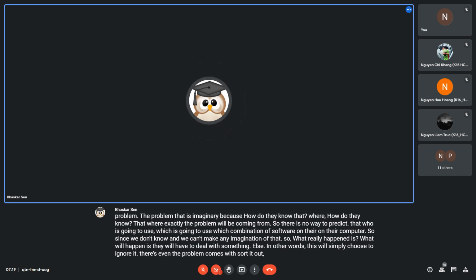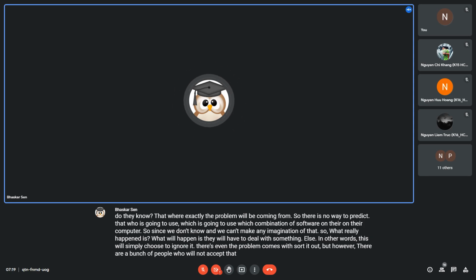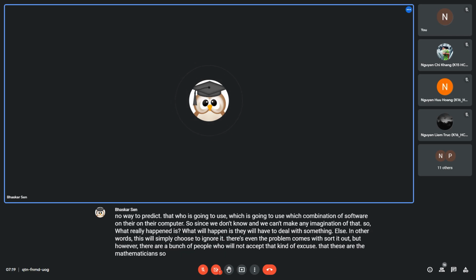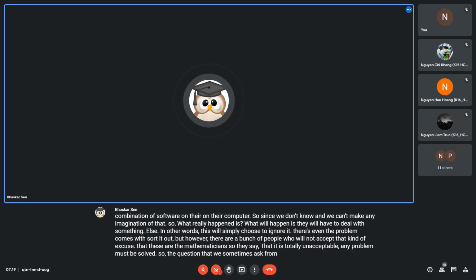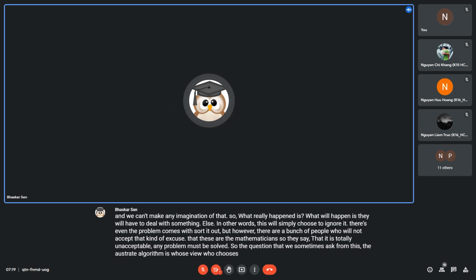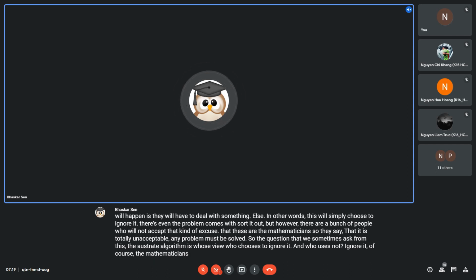However, there are a bunch of people who will not accept that kind of excuse, and these are the mathematicians. They say that it is totally unacceptable. Any problem must be solved. So the question that we sometimes ask about this ostrich algorithm is whose view it is: who chooses to ignore it and who chooses not to ignore it. Of course, the mathematicians are solution freaks and they will always try to solve any problem at any cost.